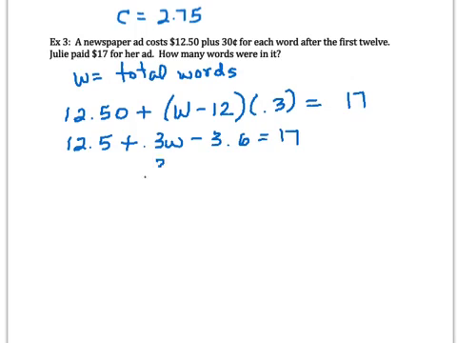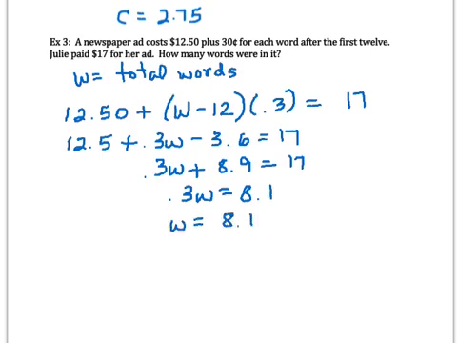So I've got 0.3W plus 8.9 equals 17. And I'm going to subtract 8.9 on both sides. And that gives me 8.1. And I'm going to divide both sides by 0.3. And what this gives me is 27.